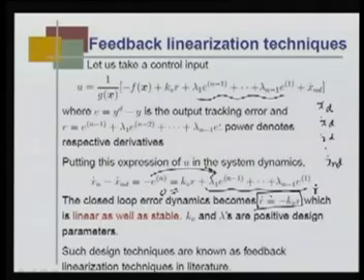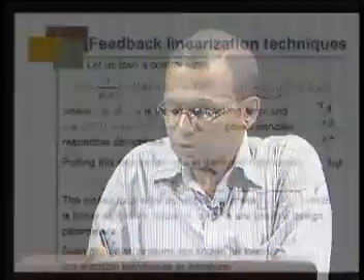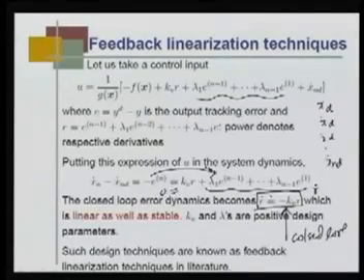Such design techniques are known as feedback linearization technique in literature, because by selecting such a technique, although the system dynamics is nonlinear, through feedback the closed loop error dynamics becomes linear. This is called closed loop error dynamics, and it is linear.